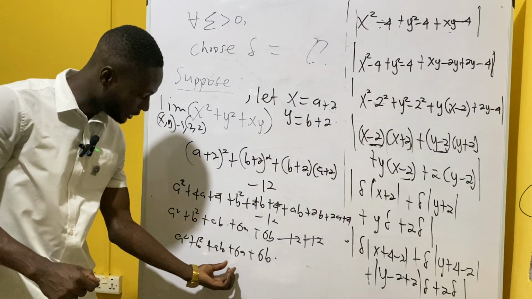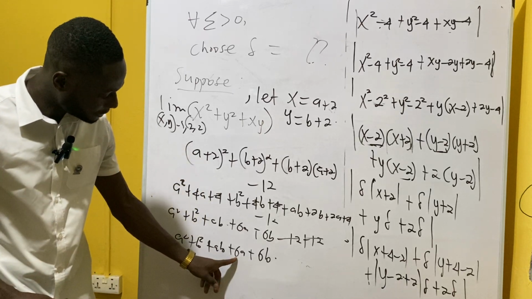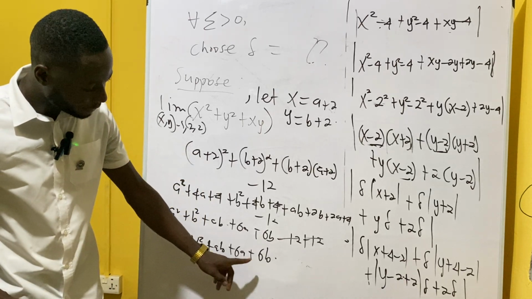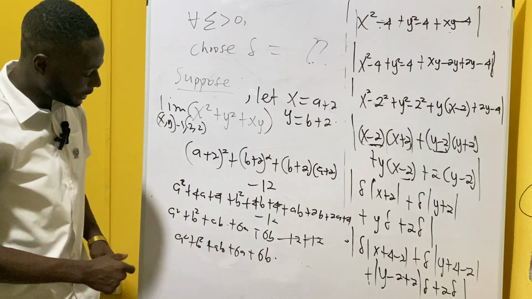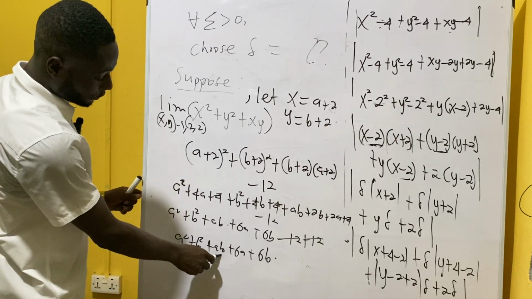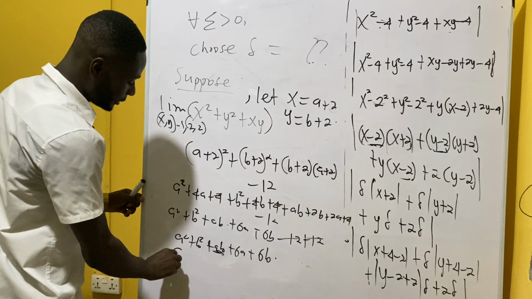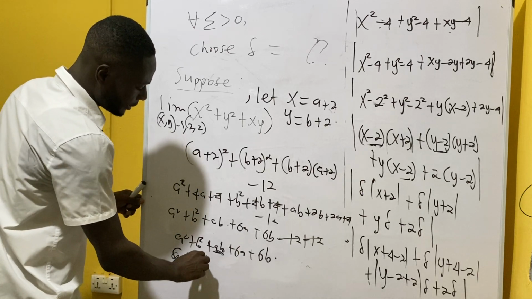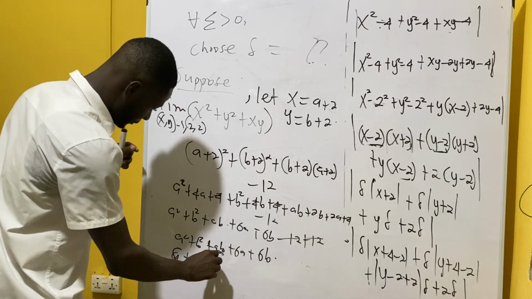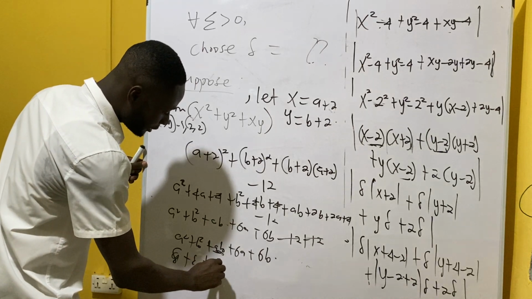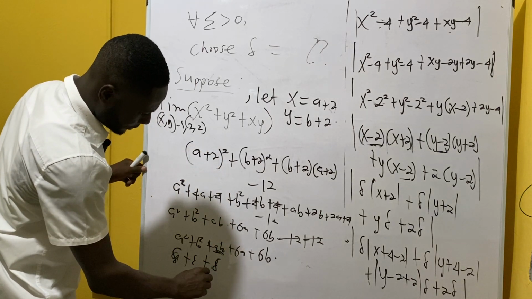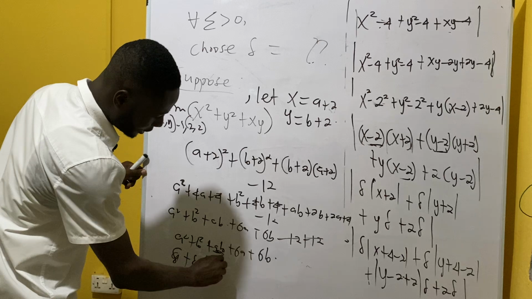So this we see right here is this is 6 delta, this is 6 delta, and this is also delta, right? Delta plus delta plus delta squared, right?